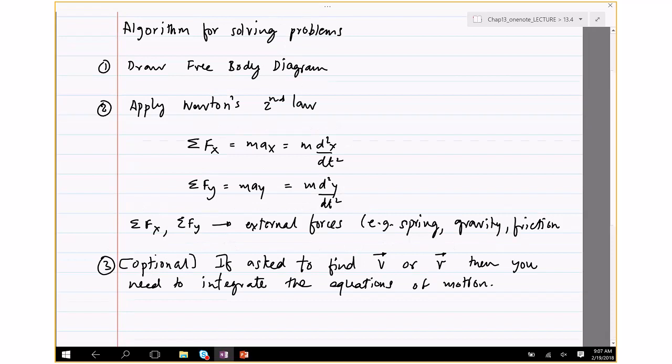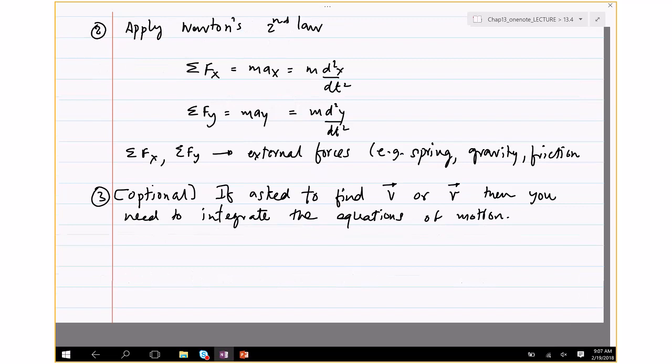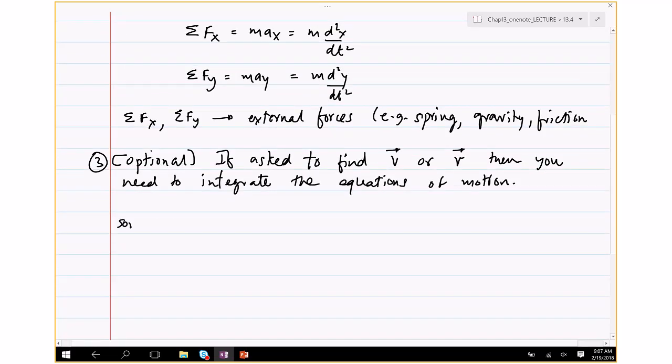So one thing about drawing a free body diagram is that the word free is very important. That is, if you're given an object, for example, let me just illustrate some points about FBD.